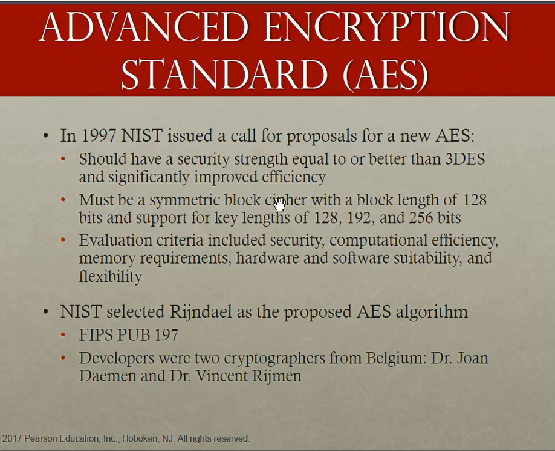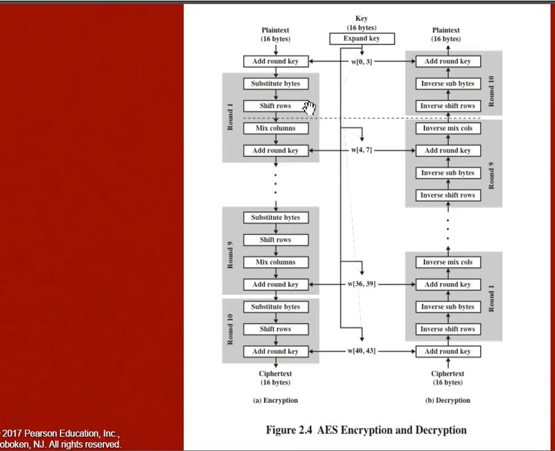So let's look at the AES encryption and decryption. The 4 different stages are used here if you look at it. 1 of permutation and 3 of substitution, as you can see here in the figure.